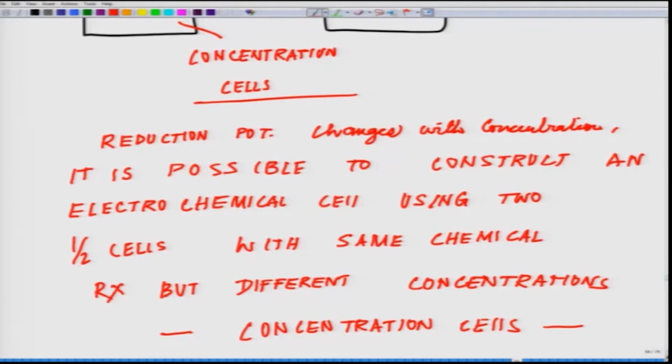Now, talking about a concentration cell, let us think of an example. Using cell notation, you have solid silver, Ag plus in the aqueous phase at 0.1 molar.